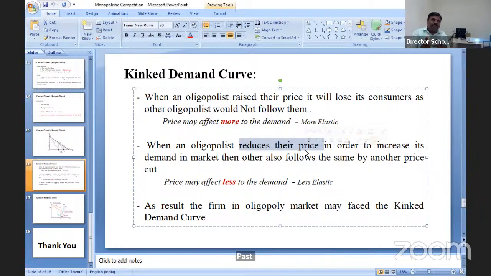So therefore the demand becomes less elastic. Are you getting it? The change in demand is very less according to the change in price in the second condition. But in the first condition, the change in demand is greater than the change in price.